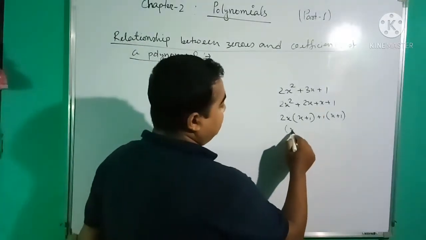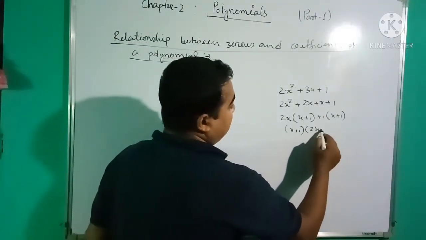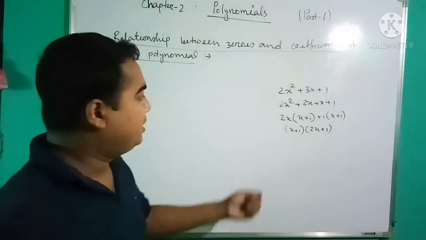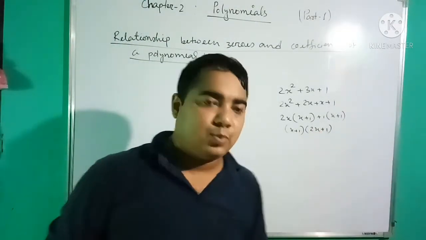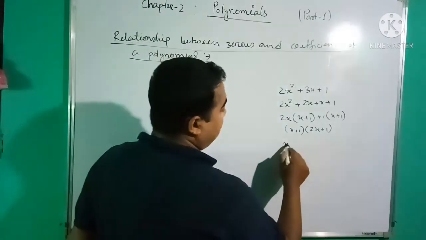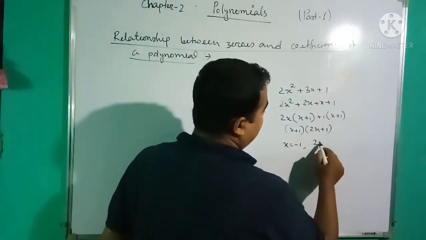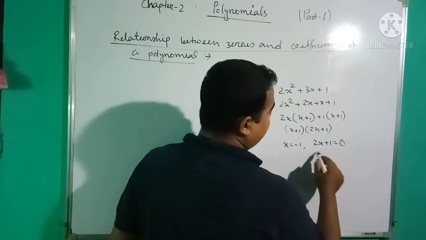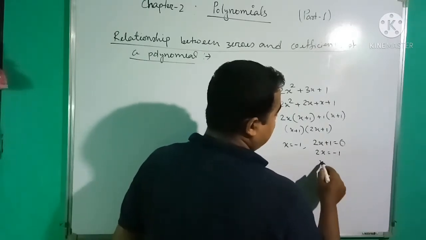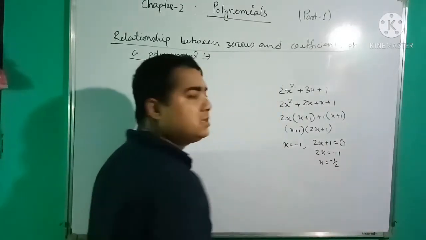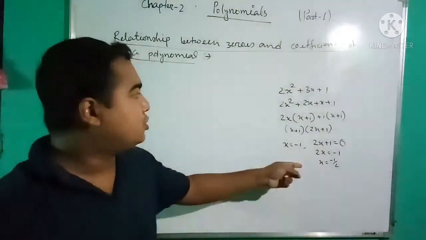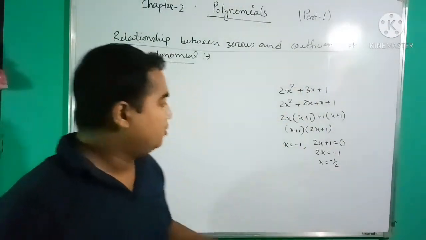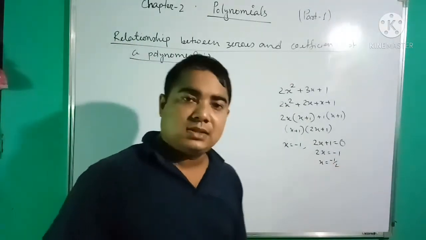Now write x plus 1, and the second term is 2x plus 1, means we got 2 factors, x plus 1 and 2x plus 1. Therefore the zeros are x equal minus 1, and the second one, 2x plus 1 equals 0. Therefore 2x equal minus 1, that means x equal minus half. That means a quadratic polynomial has 2 zeros because its degree is 2: minus 1 and minus half.